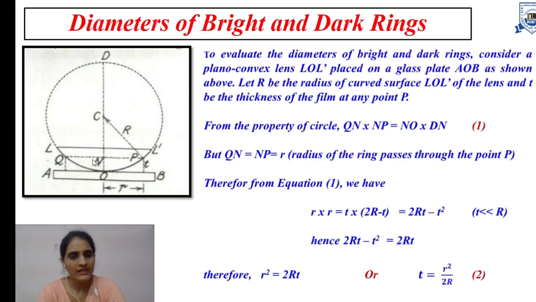Now this Qn is nothing but the radius of the ring passing through the point P, and Np is also the radius of the ring passing through the point P. Dn, capital Dn, is twice capital R, where R is the radius of curvature of this plano-convex lens. So the distance Dn will be equal to 2R minus t, and N0, this distance, is the thickness t.